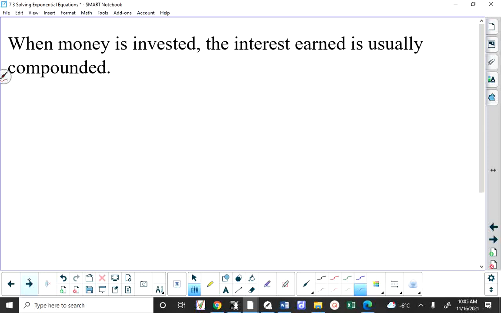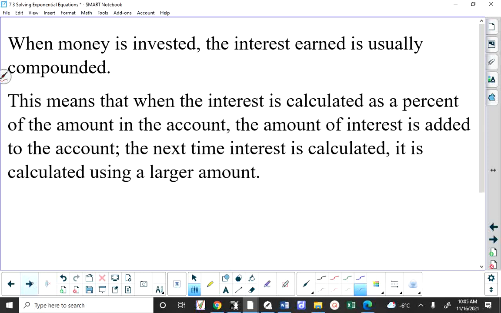What that means is that when you put money into the account, you get a certain percentage of that money that gets added onto your account. And the next time they calculate the percentage, they use that new amount as a base amount, which means you're getting interest on interest. It's a type of exponential growth.